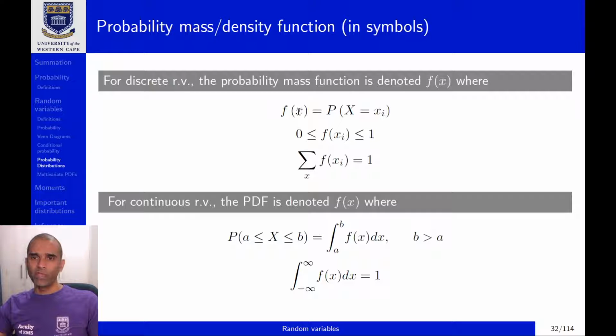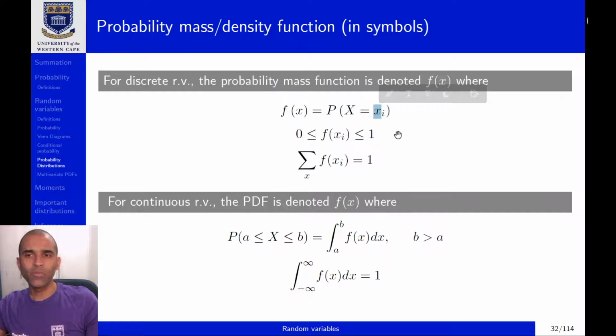So f of x over here means that we are taking some value of x as an argument, and our function is spitting out a probability that X, the random variable, takes on that specific value. Don't let the subscript or lack thereof confuse you. Just note that uppercase letters usually denote the random variable, whereas lowercase letters usually denote some specific value taken by that random variable.